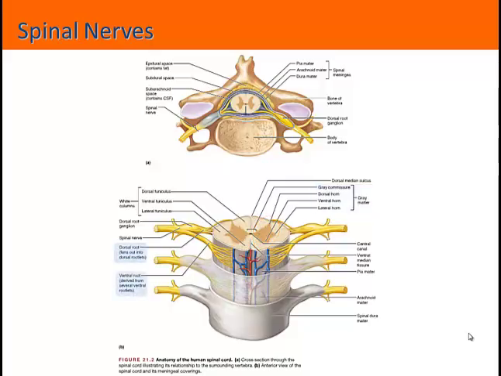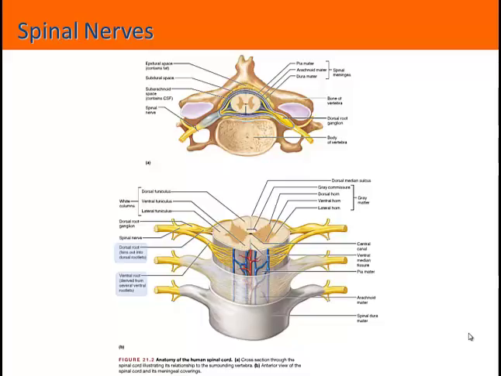We also talked a little bit last week, and certainly leading into this week, about the dorsal and the ventral roots that come off of the spinal cord. Now, the dorsal root is for sensory information, and so the dorsal root contains nerve fibers that are afferent, or sensory fibers.